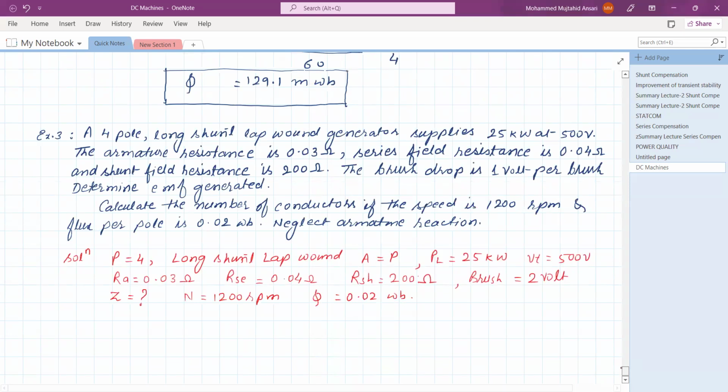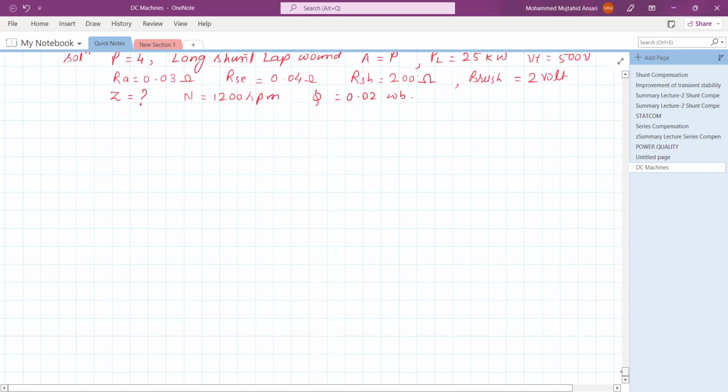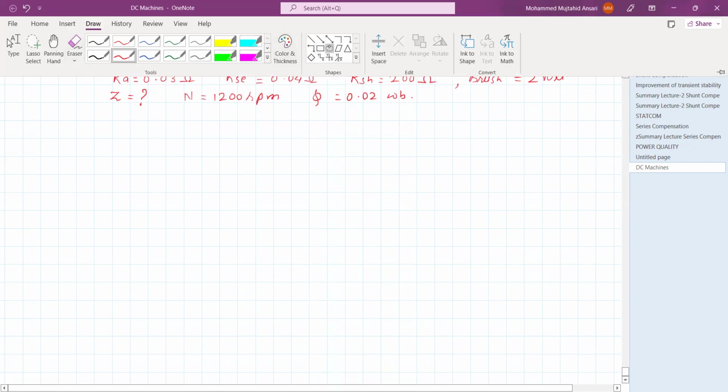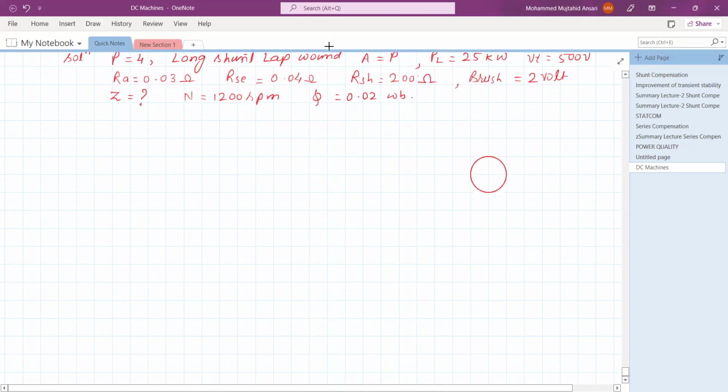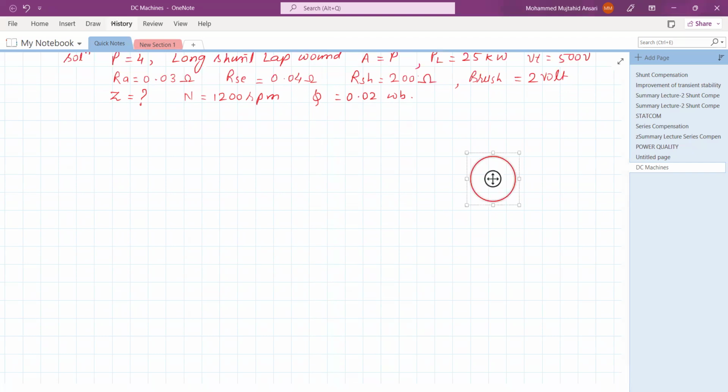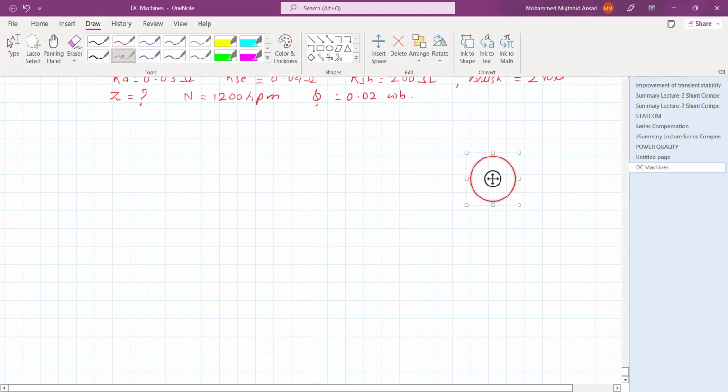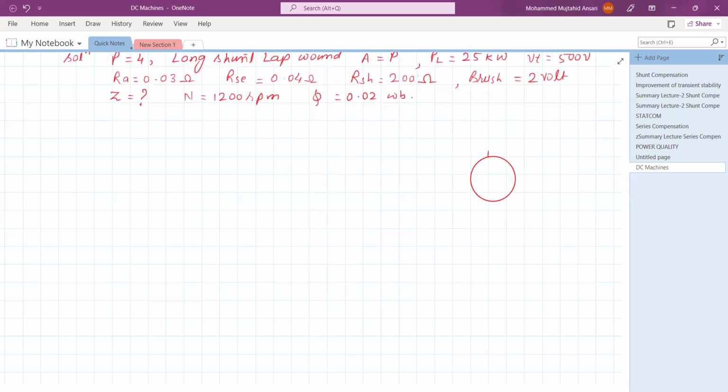These are the parameters. As it is a long shunt generator, it is better to first draw the circuit diagram for the long shunt generator, and then we will determine the other parameters. So this is the long shunt.